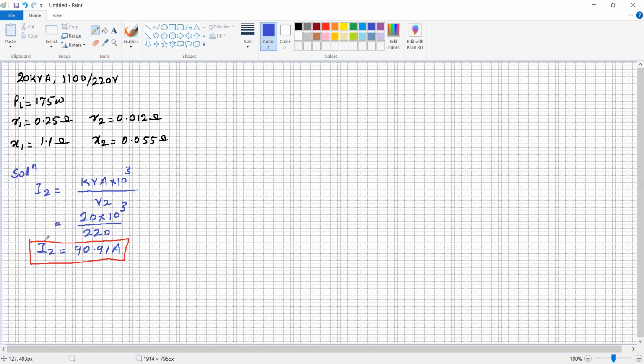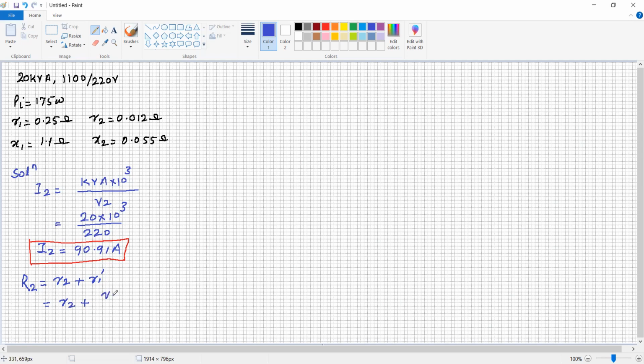resistance and reactance referred to the secondary side. R2, this is the equivalent resistance referred to secondary side. It is equal to R2 plus R1 dash, R2 plus the ratio referred to the secondary side.